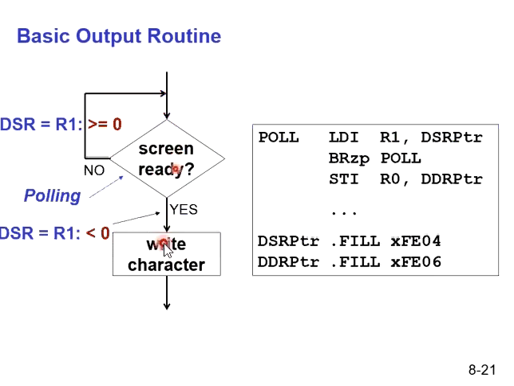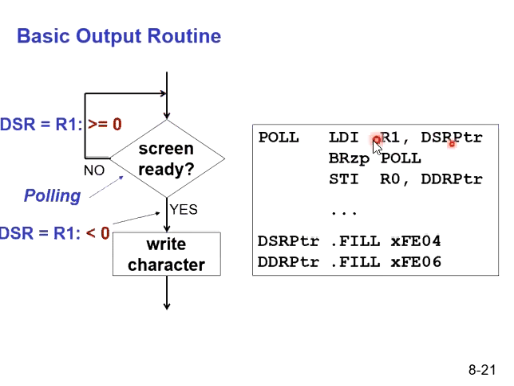If we write the new character, that means we could display it to our monitor. So over here we have a poll loop, and we check the ready bit. Now we use LDI.